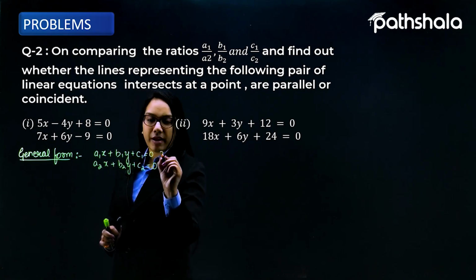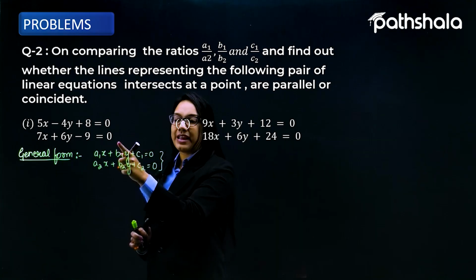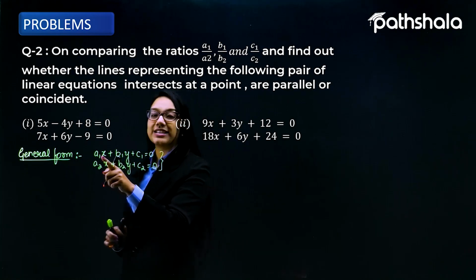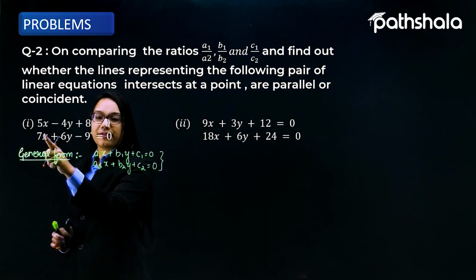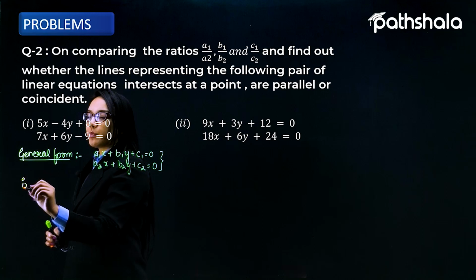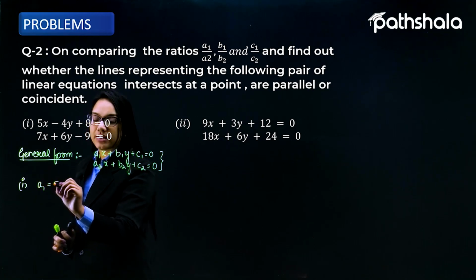Now if I compare these two equations with the general form, we can see that the value of a1, the coefficient of x, is 5. So let's write a1, b1, c1. First, a1 is 5.